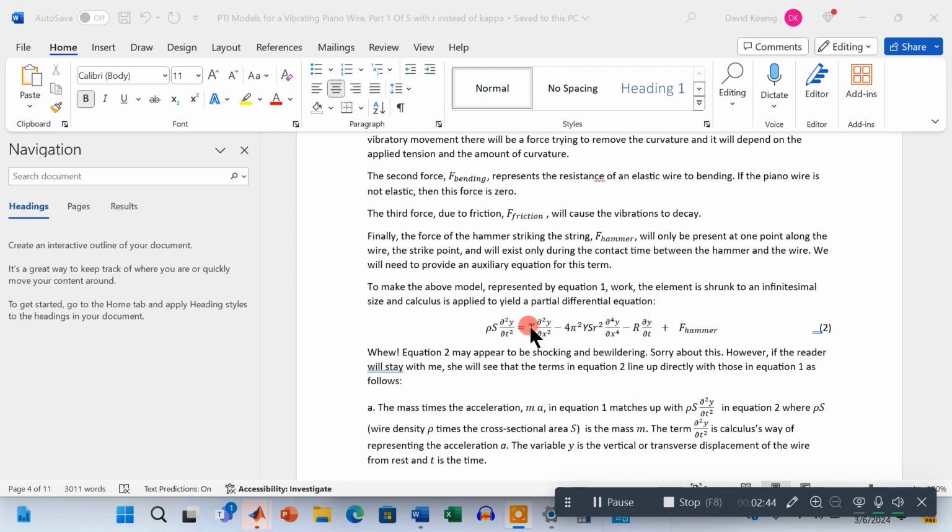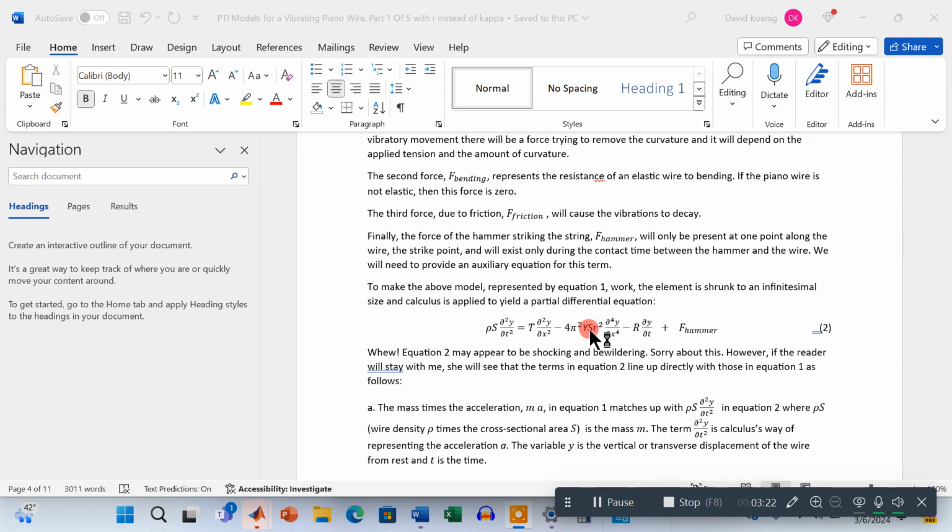First term is the force due to tension, and it's the product of the tension T times the second partial of y, the vertical displacement, with respect to distance, x. And there's the term resistance due to bending force, and it's 4 pi squared Y, which is the measure of the resistance to bending, Young's modulus.